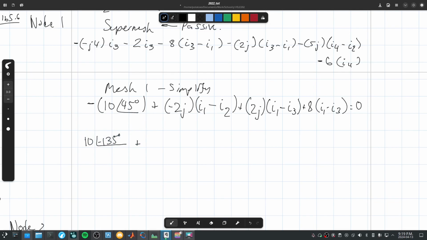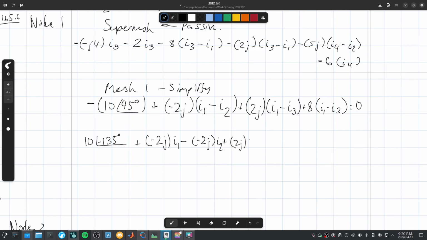So 10 with a phasor of negative 135 plus minus 2j I1 minus negative 2j I2. All we're going to do is expand.